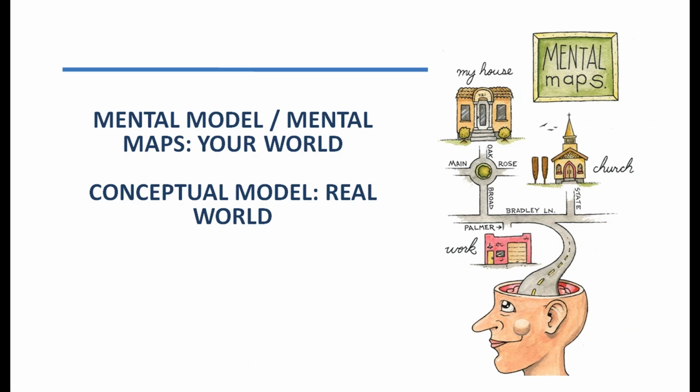So mental maps, or you can say mental models, and conceptual models: a mental model is your own, related to the thought process of a person, whereas the conceptual model is the real world with accurate measurements, accurate dimensions, and accurate locations. Both types of modeling add to our understanding of place and help form our decision-making process.